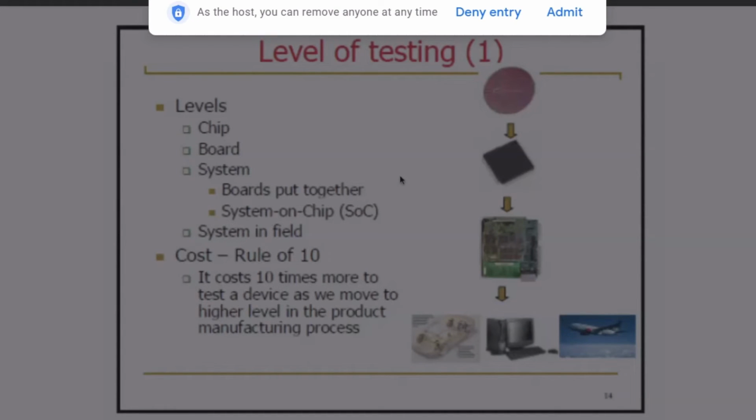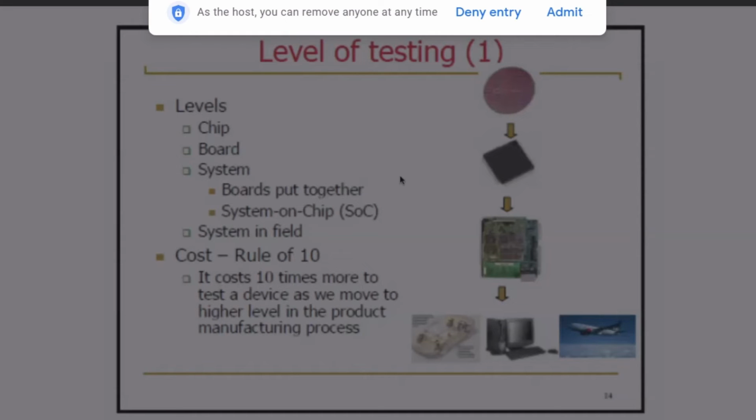Basically, I have told you that if we realize any integrated circuit, we turn some specification into real hardware, and during this realization process, we come across multiple levels of design. Like we work on transistor level, chip level, and board level.